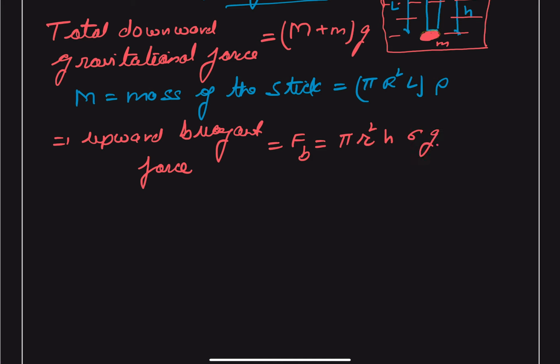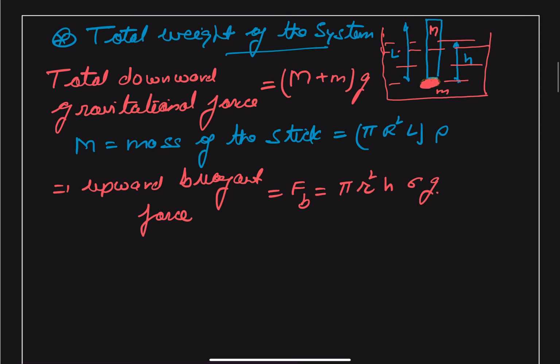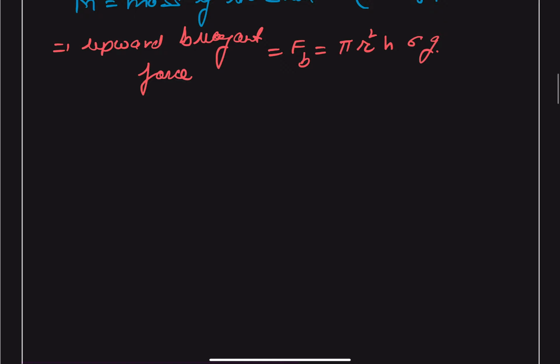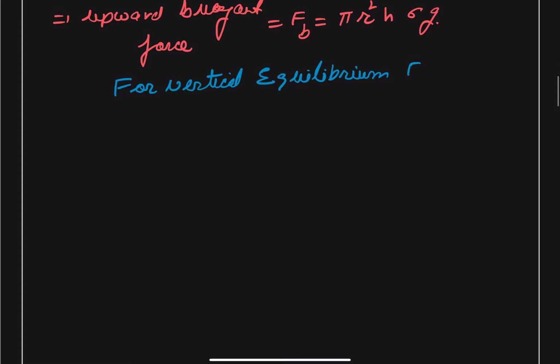The total downward force is given as Fw, and the buoyant force is Fb. And for vertical equilibrium, Fw should be equal to Fb.